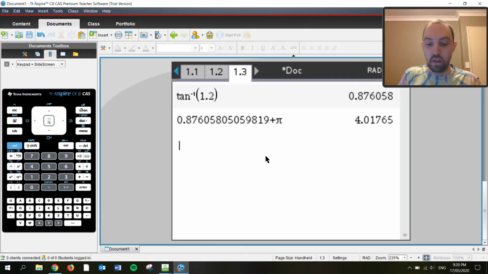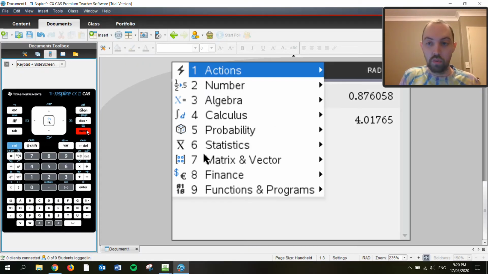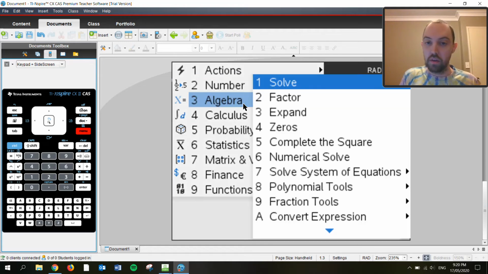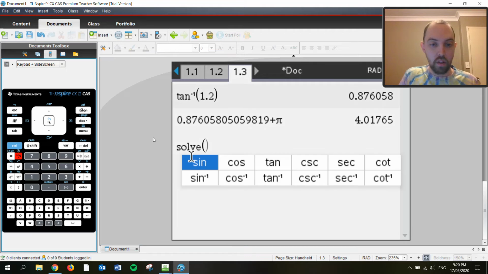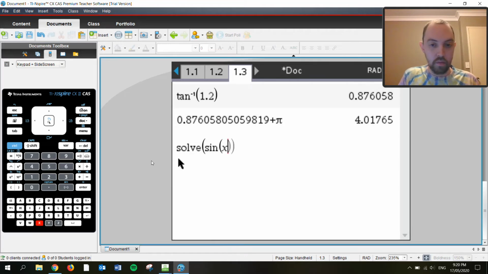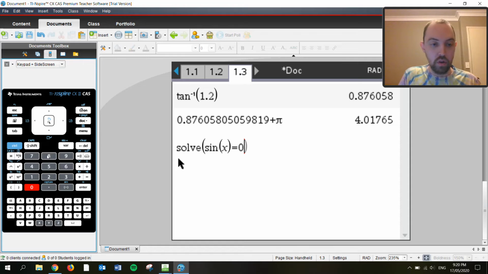There's another way that you can use your calculators to solve that as well, double checking that it's in radians because my domain is in radians. So I'm solving sine of x is equal to 0, comma x. And then after my solve function, I can restrict the domain of my solutions using this thing. This means for.